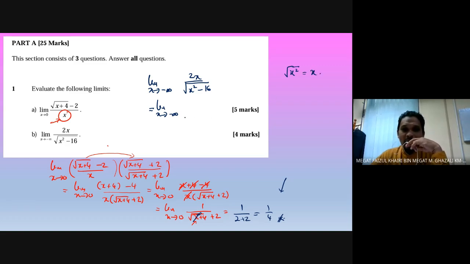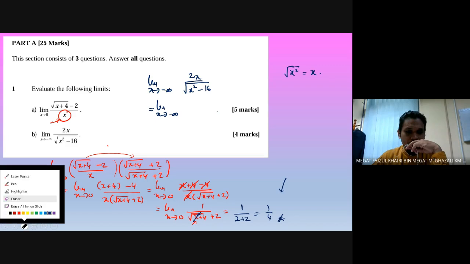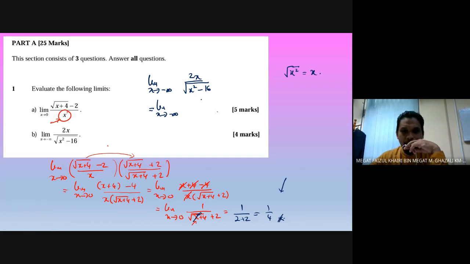So then what I'm going to do here now is, sorry, 2x divided by square root of x squared divided by x squared minus 16 divided by x squared.